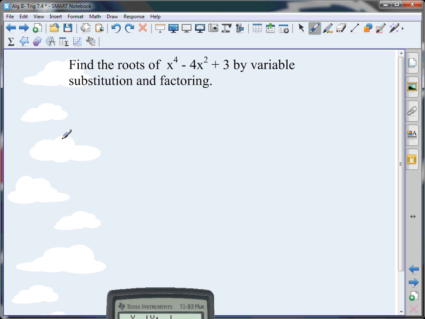Find the roots by variable substitution and factoring. This is something new, because you're setting it equal to 0.